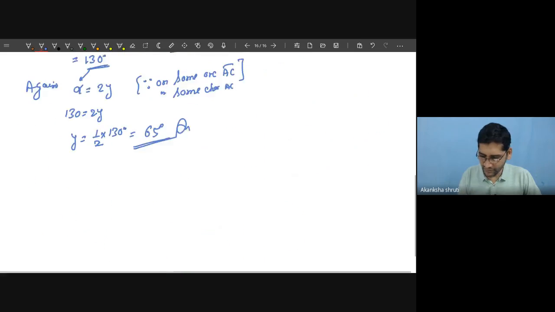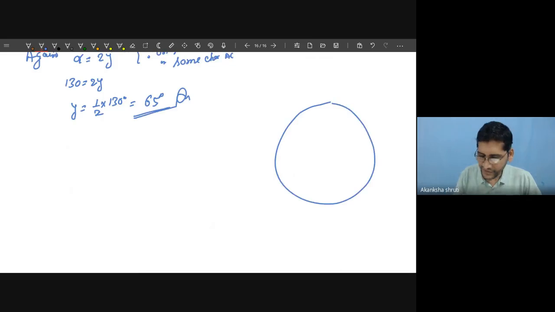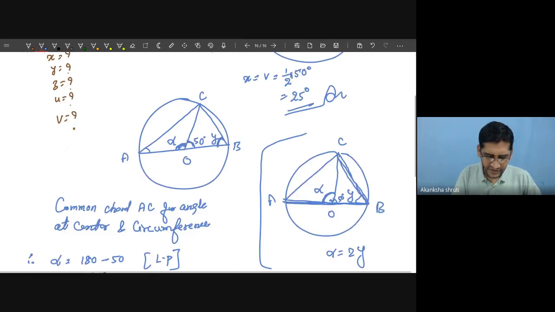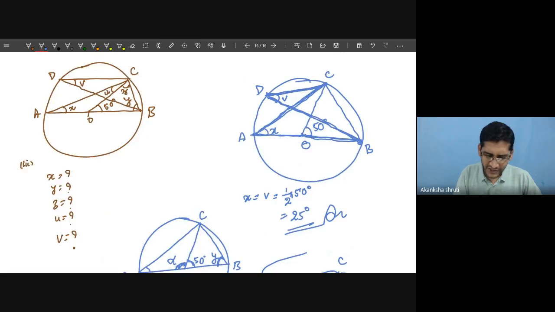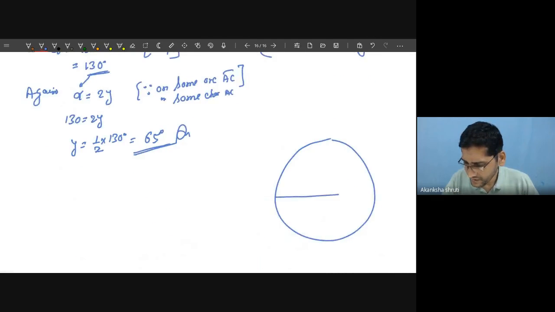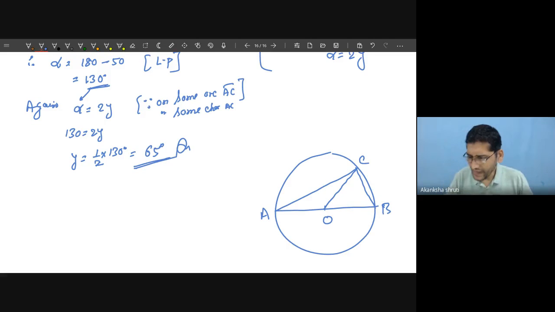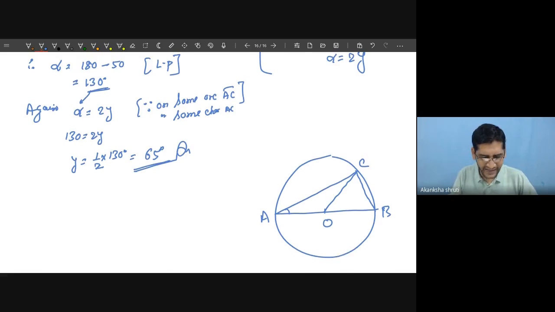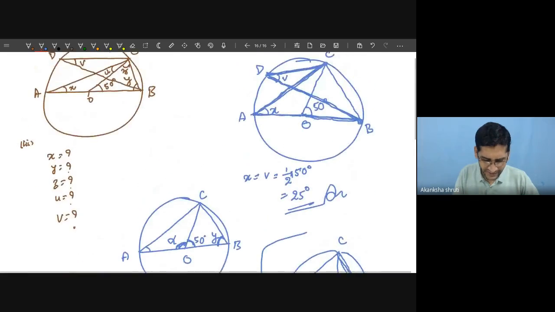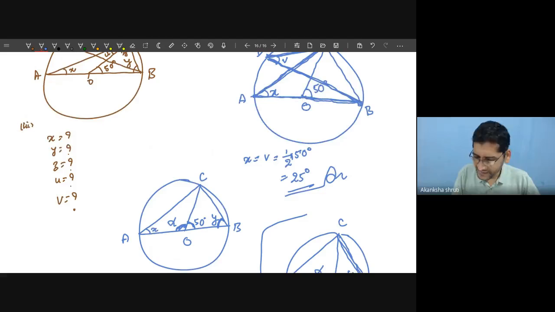So let me draw one more figure to explain it. Whatever part is required, I am considering that I will draw. So A, C, B, center O. Students, in this case, we have already calculated this angle, which was our angle X, as 25 degrees.